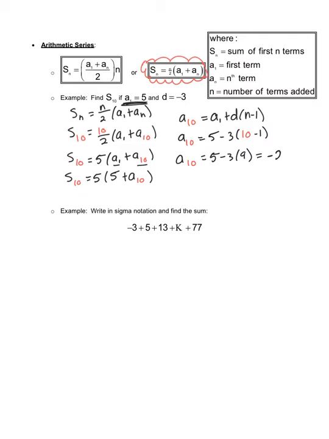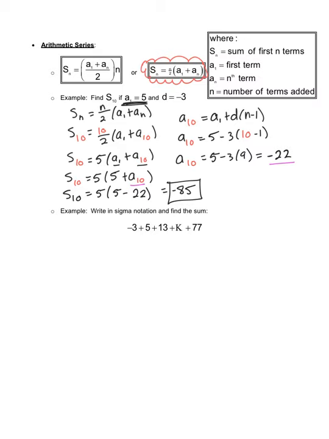We get -22. So that means I'm going to be replacing A10 with -22. And if you do the math on that, you're going to get -85. So the value of S10 is -85.